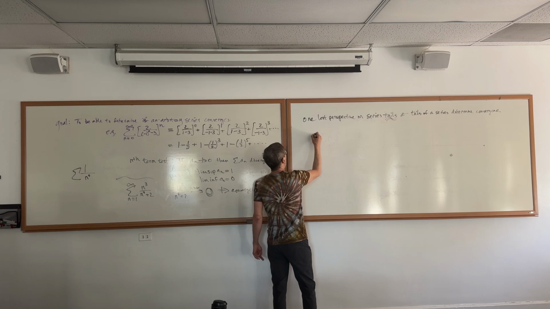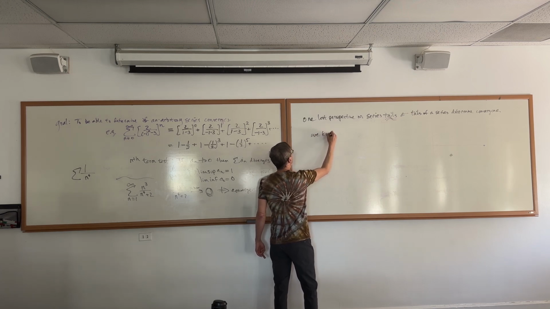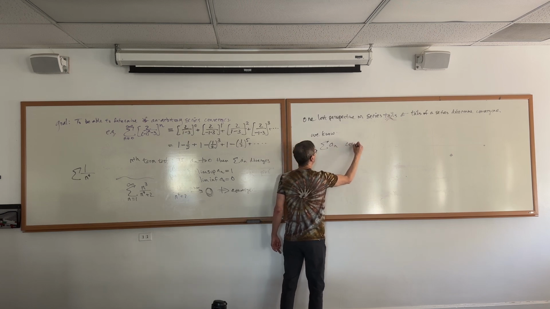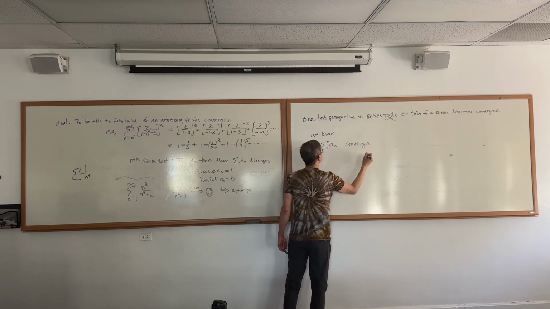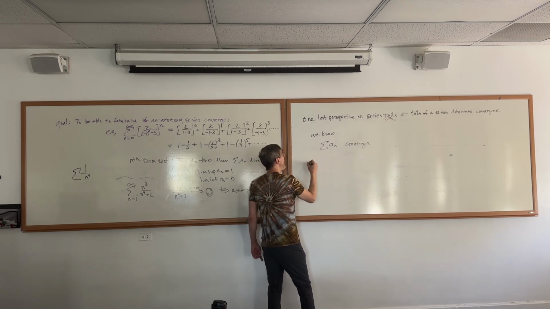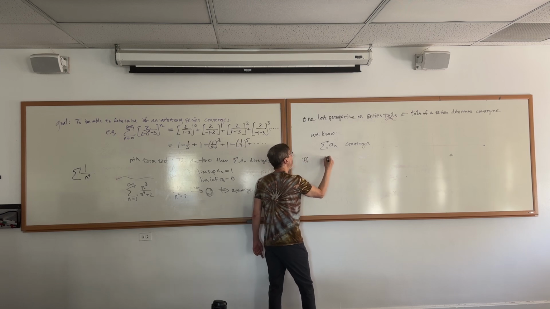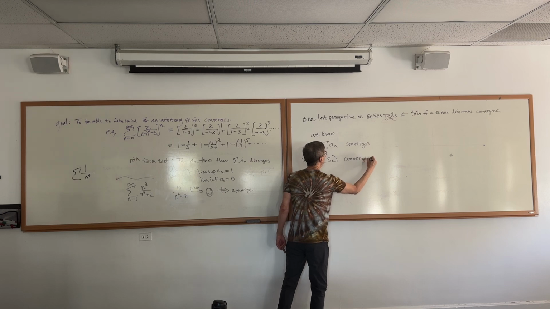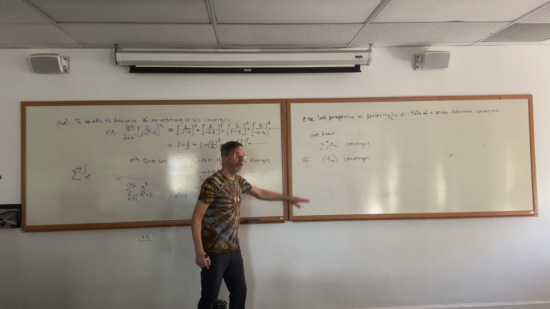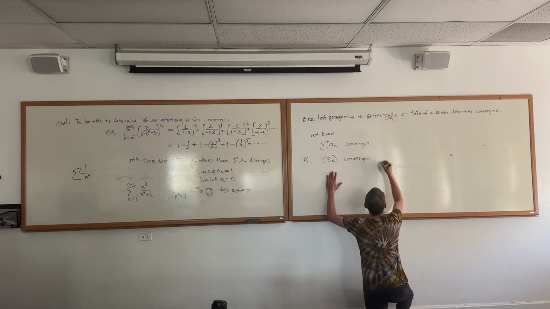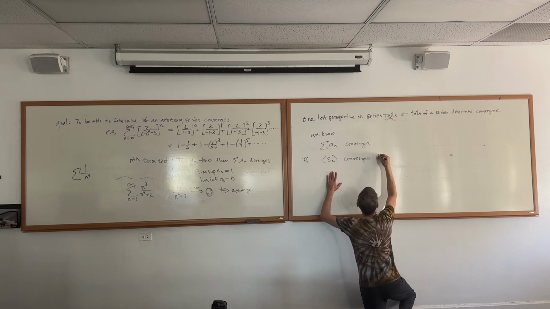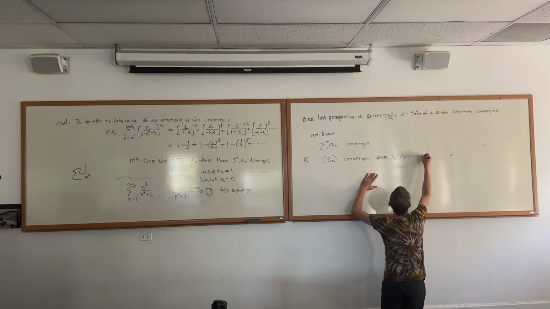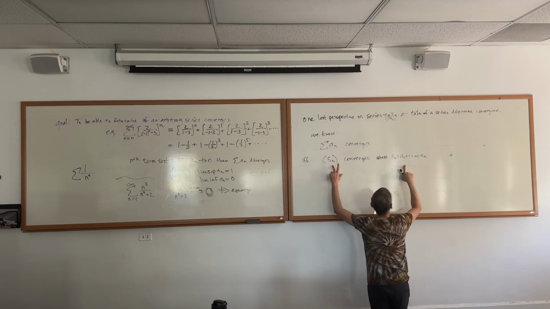So first off, we know this. We know that if this series converges, that happens if and only if the sequence of partial sums converges. So this S sub n, let me just refresh your memory about what that means. Where S sub n is the first n terms, so it's the nth partial sum.